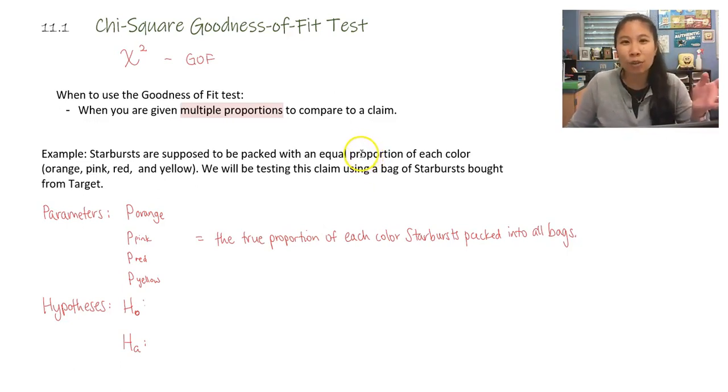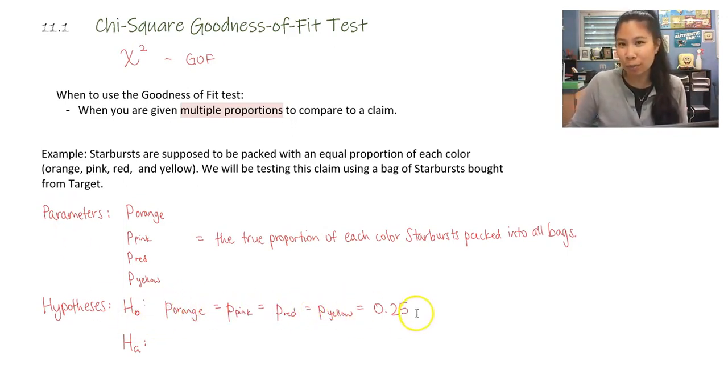That's how you write out your null hypothesis. It's always going to be equal to whatever the claimed percent is. In this case, each of our proportions should be 0.25 because we have 4 total proportions. Splitting all of our colors up should be 25% of each color.